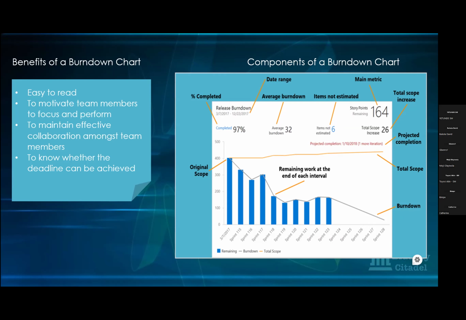Because once you have your definition of ready and done, what you're saying is this checklist, a bullet point of everything that needs to be done, must be complied with and completed before we say a story is done. That is what your definition of ready and definition of done is all about.